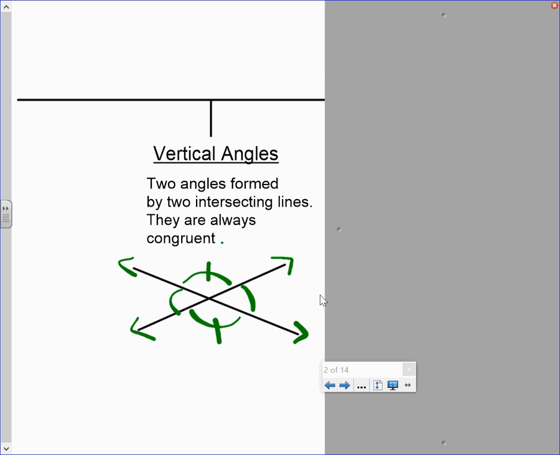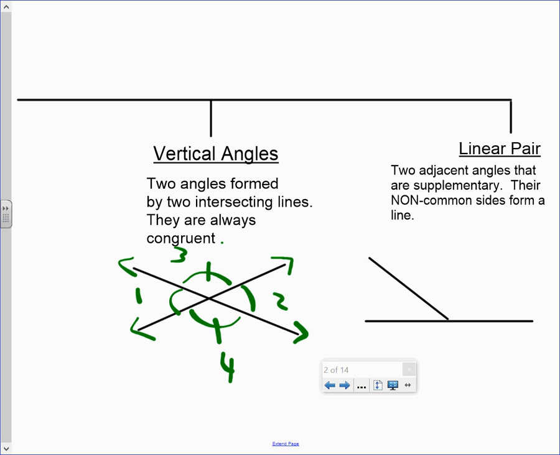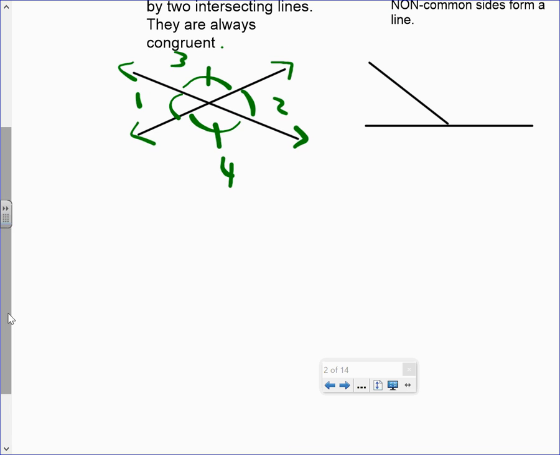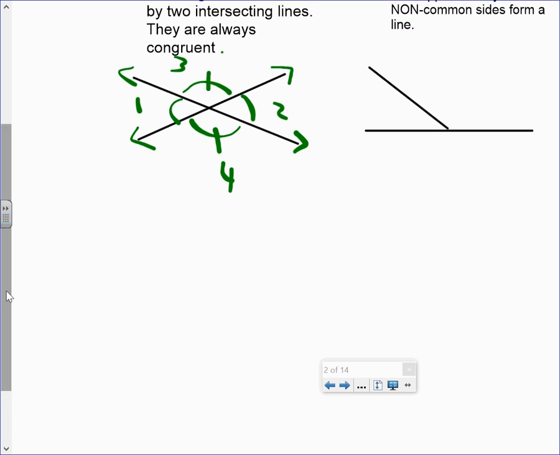Vertical angles. Let's call this angle 1, let's call this angle 2. We'll call this angle 3, we'll call this angle 4. So this relationship says, look, angle 1 is going to be congruent to angle 2 all the time.